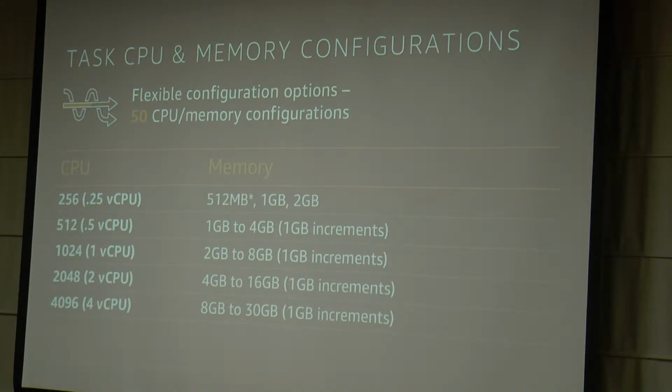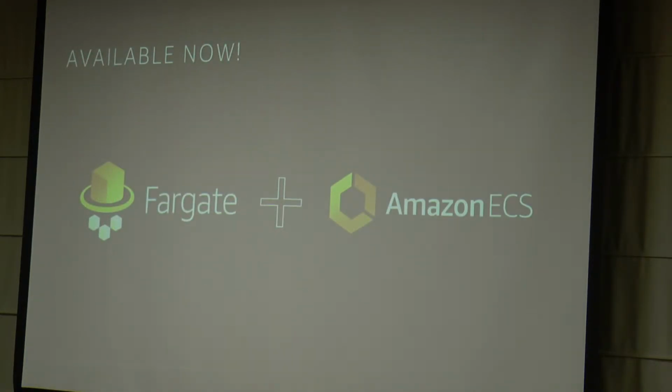So how much processing power do you want to assign to specific tasks? You can pick fractions of a virtual CPU, and you can pick different memory increments, to have the right level of cost and performance for each task, not having to worry about which instance type should I use. So super simple. Both have been available for a while now.